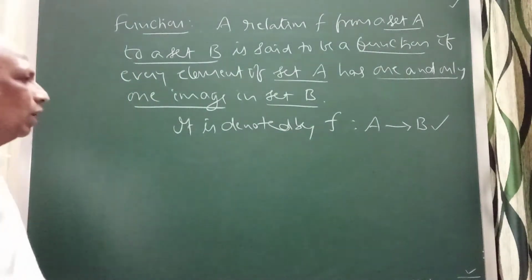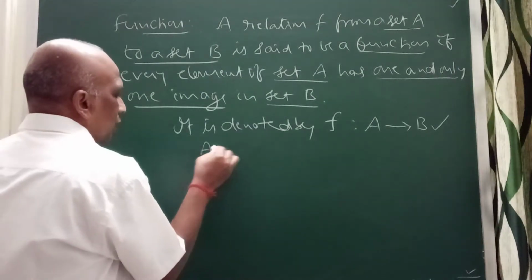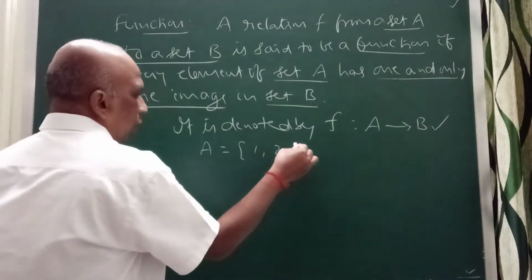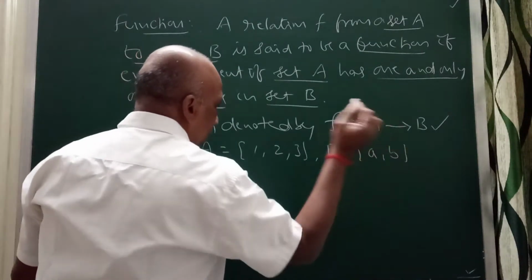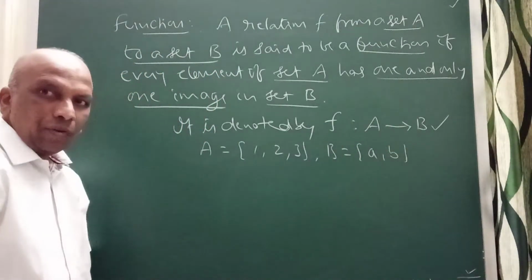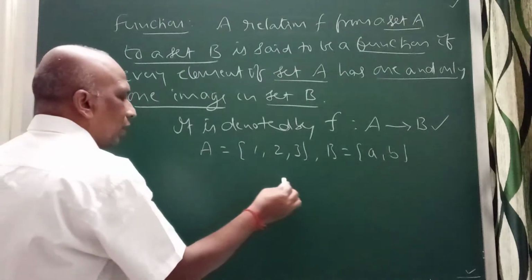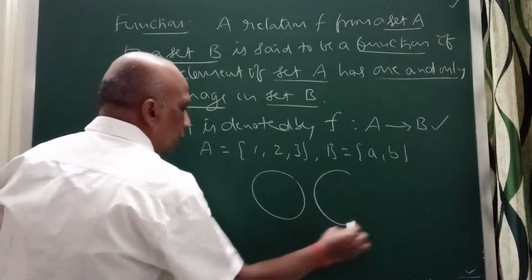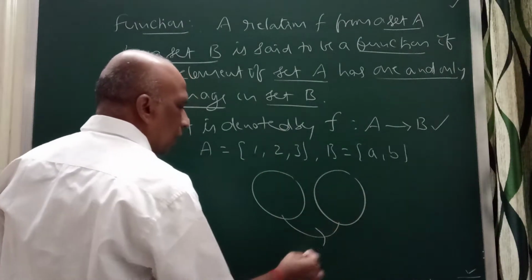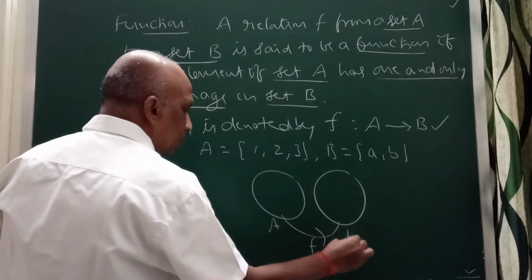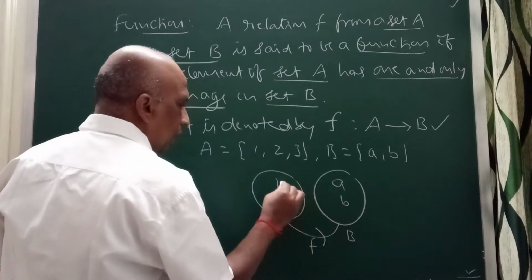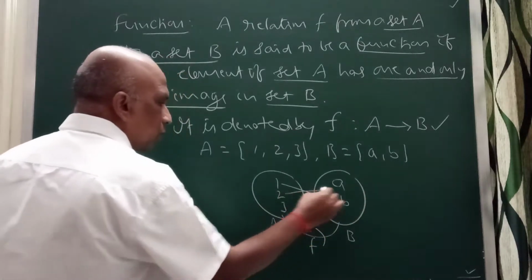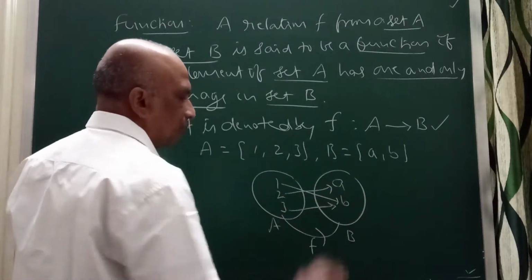For example, suppose A is equal to {1, 2, 3} and B is equal to {a, b}. I take f as a relation from A to B. 1, 2, 3 are written here, and this is a, b. Connect 1 to b, 2 to a and 3 to b.